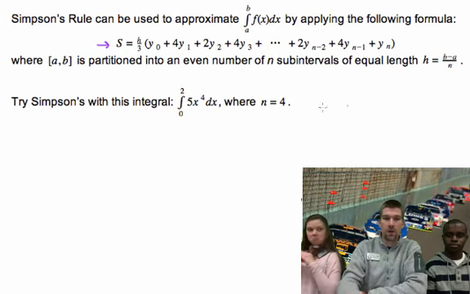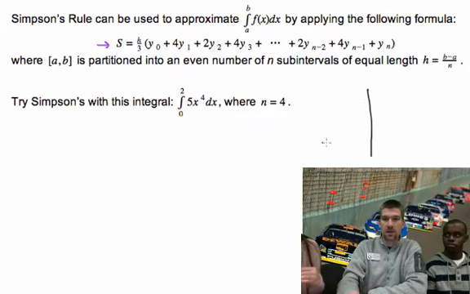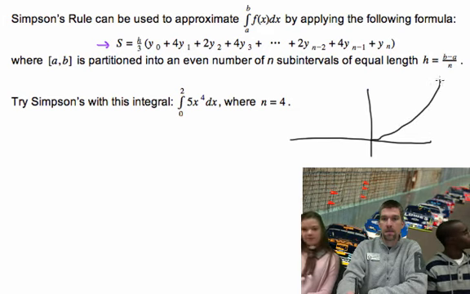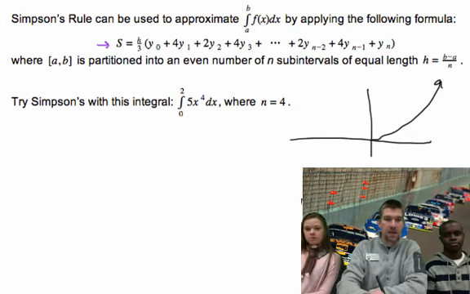So, here we go. We're looking at 5x to the 4th, and if we look at this graph, 5x to the 4th looks something like this. It's really similar to that. It might not be exactly that. And we're going to go from 0 to 2, and we want to divide that into 4 equal spaces.